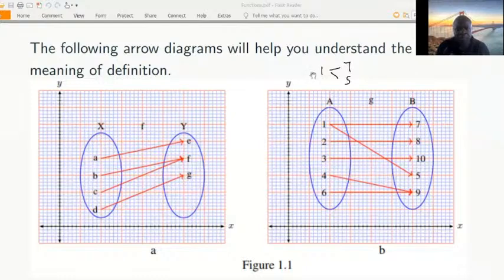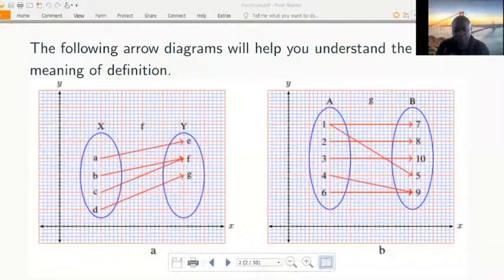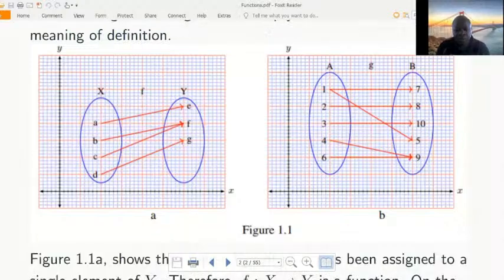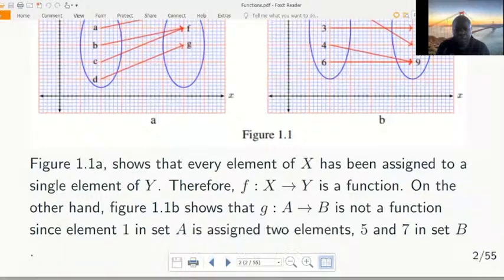I'm just helping you to understand the notion of function, what a function is. So these diagrams were meant to just help you understand what a function is. So what is here is just an explanation of what I've already explained. I've said figure 1.1 shows that every element of X has been assigned to a single element, and this is very important, single element.